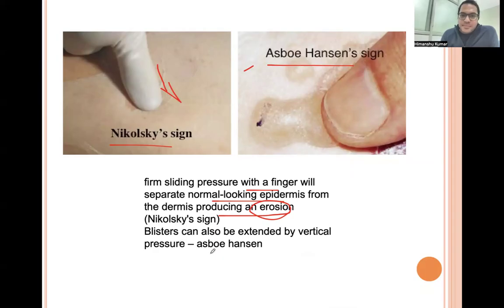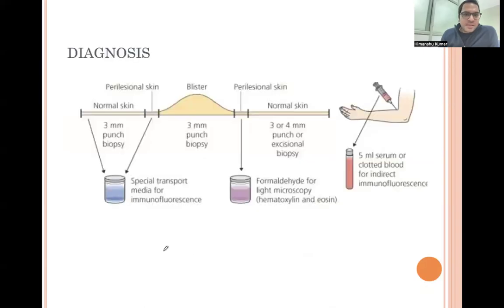Then Asboe-Hansen, where we apply pressure on the blister, on the bulla, and then the blister tends to move forward with the pressure. So blister can be extended by vertical pressure. This is called Asboe-Hansen sign. So both of these can be seen in a patient of pemphigus vulgaris. So remember these two signs for your exams.